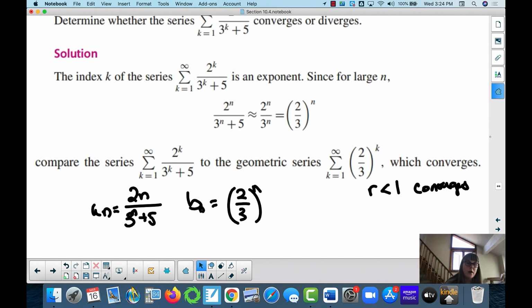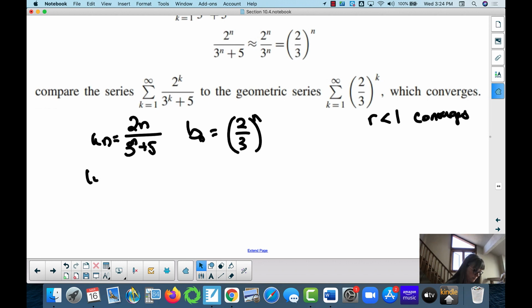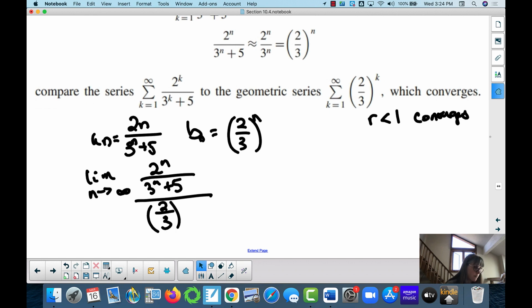So our ratio is going to be that, or 2 to the n over 3 to the n. If we multiply by the reciprocal, the 2 to the n's cancel out.